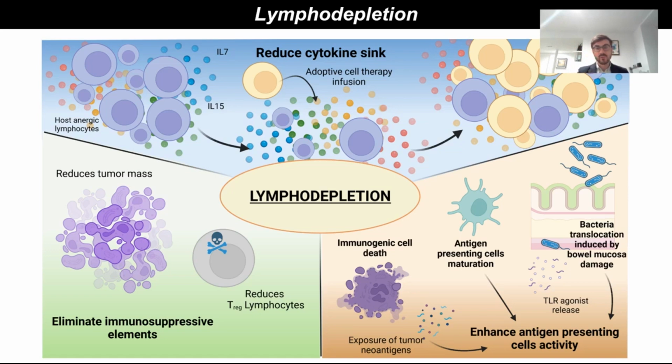And lastly, I think we are still more on the speculative side, but the thought is that lymphodepletion might generate immunogenic cell death, exposing antigens for recognition by the T cell, but also stimulate antigen-presenting cell maturation and affect the translocation of bacteria from the gut to the bloodstream, again stimulating immune function.